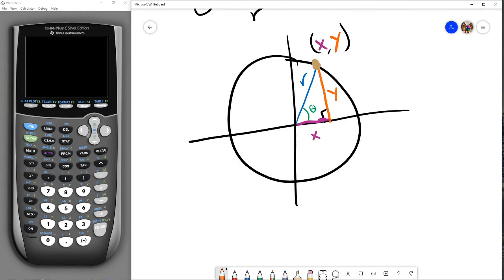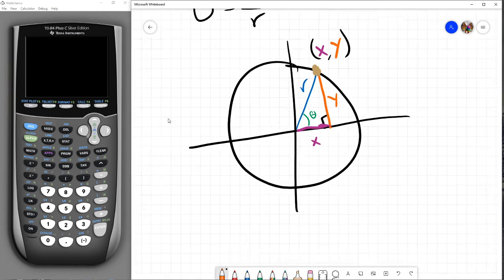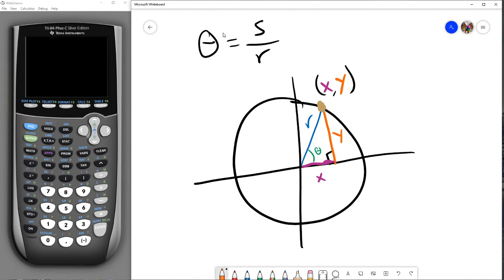Now, when we think about how we defined theta, theta was a ratio of the arc length divided by the radius. Now, since we are thinking about our angles in this manner, we can imagine a larger circle.